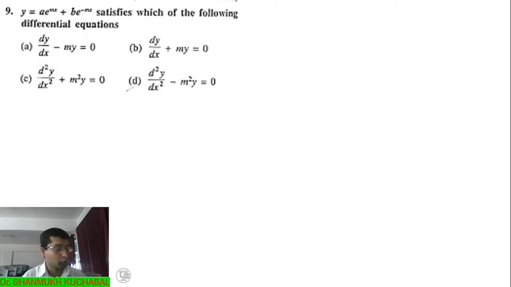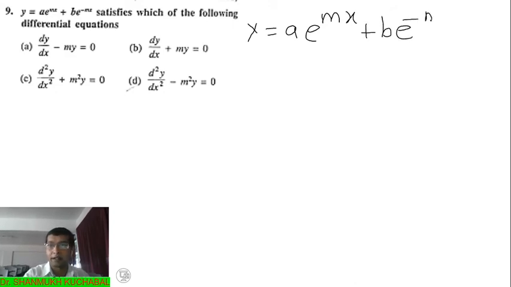Okay, we'll move to our next example. If y equal to a e raised to mx plus b e raised to minus mx satisfies which of the following differential equations? So everywhere dy by dx is there. So first I take the y expression. So y equal to a e raised to mx plus b e raised to minus mx.